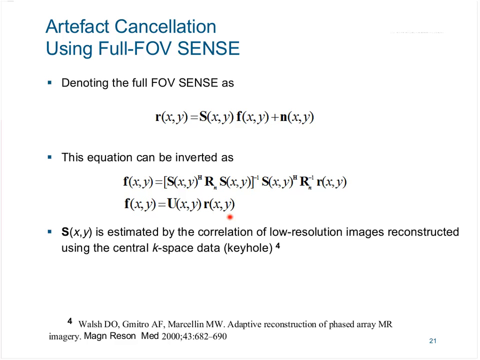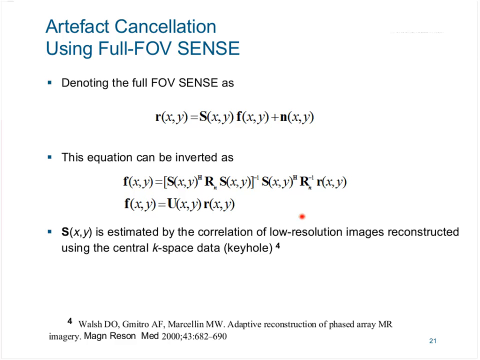S of x and y is estimated by correlation. Actually, this is the sensitivity, which is estimated by the correlation of low resolution images reconstructed using the central k-space data. In parallel imaging methods, in SENSE, we always need a sensitivity estimation.